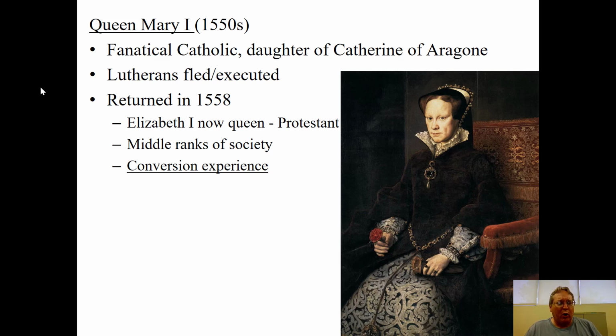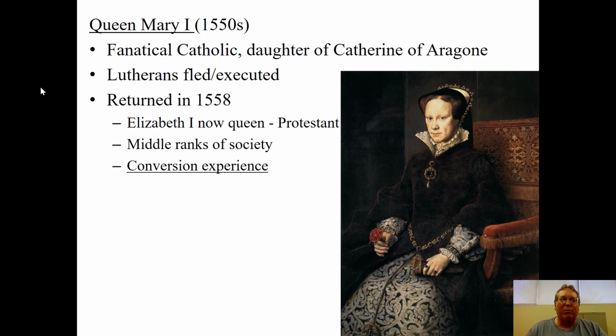And one of the ways Protestants try to show their allegiance to Protestantism, that they're not Catholics, is to do what's called a conversion experience, to show that they've had a personal connection to God, a moment where they've met God in their heart or in their mind, and that they're now part of this religious community of Protestantism.